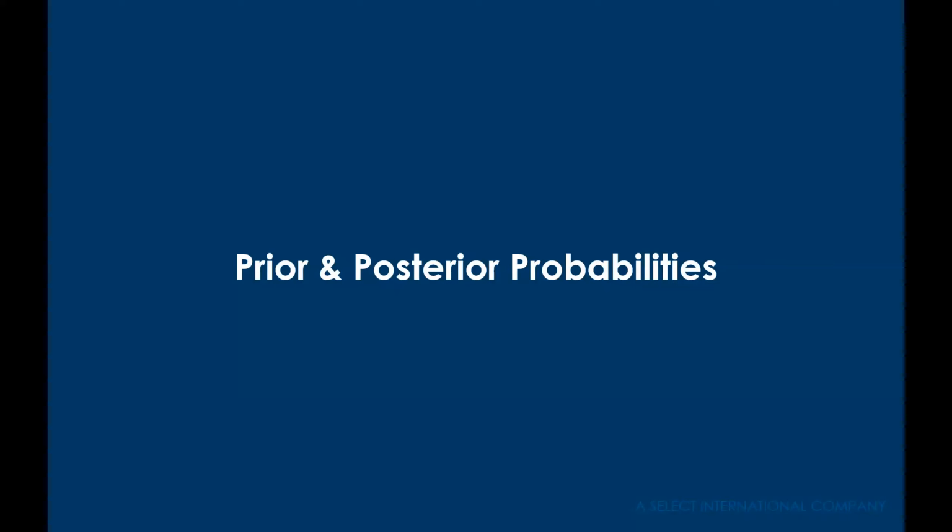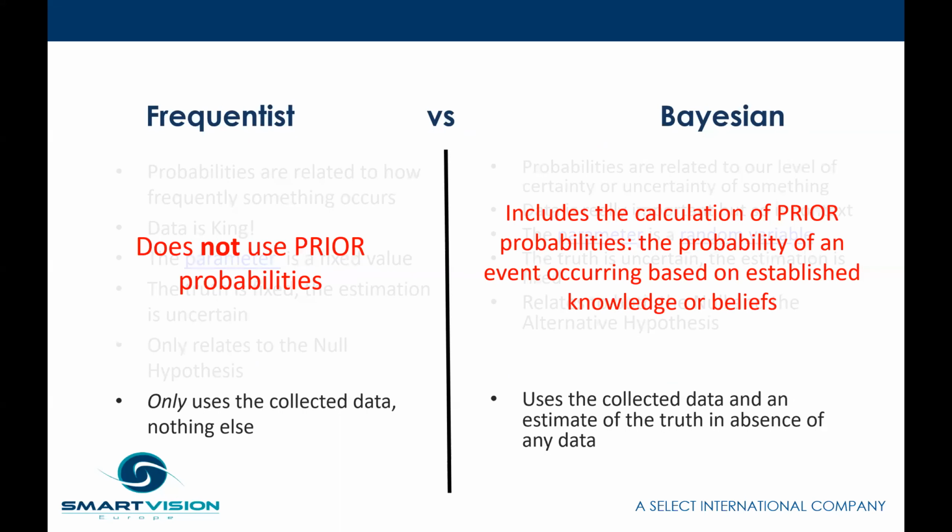Okay, what about this business of having information before you even collect data? In the Bayesian world, this is called prior and posterior probabilities. Remember, the Frequentist tradition does not use prior probabilities, it only uses collected data, whereas the Bayesian tradition uses collected data and an estimate of the truth in the absence of any data.